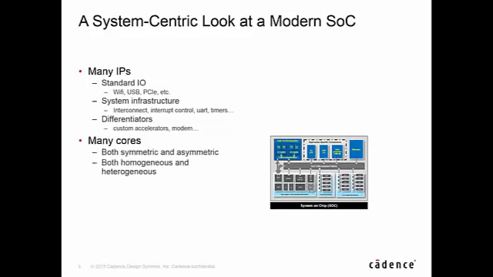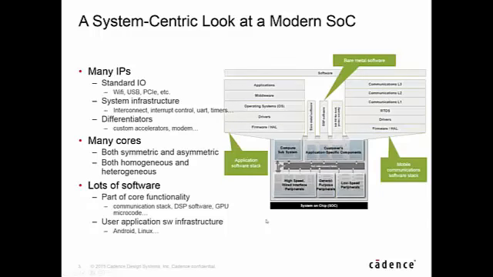Obviously many cores, both symmetric and asymmetric, and homogeneous and heterogeneous types of cores, as well as lots of software that gets applied to not only provide application capabilities, but also for some of the accelerators and things that you use inside of your devices, there's actual functional software that must be there to provide the functionality that's required.